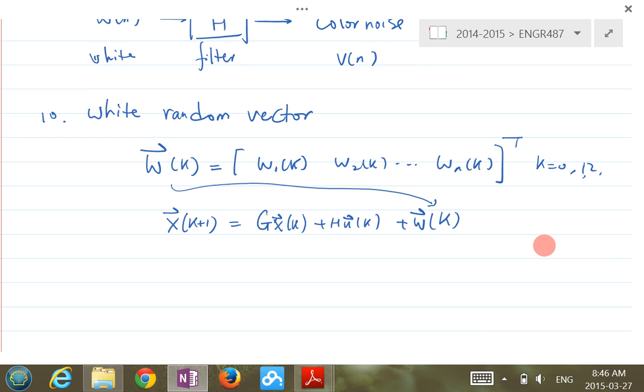And the noise has a component for each one of the state variables, and the noise changes at a different k instant. Yeah, that's a white random vector here.